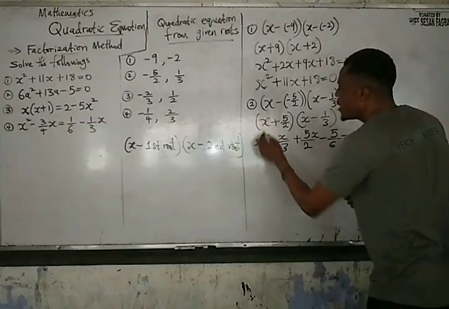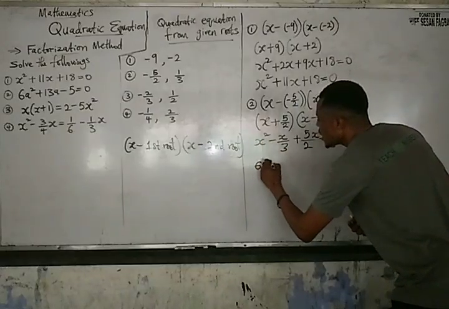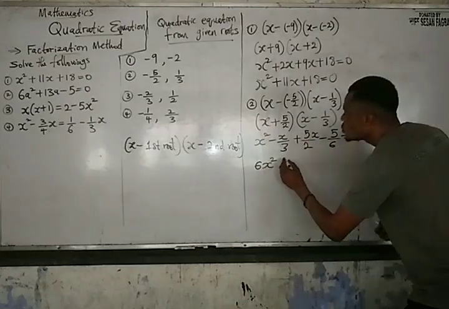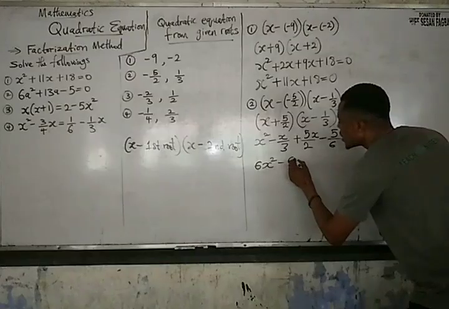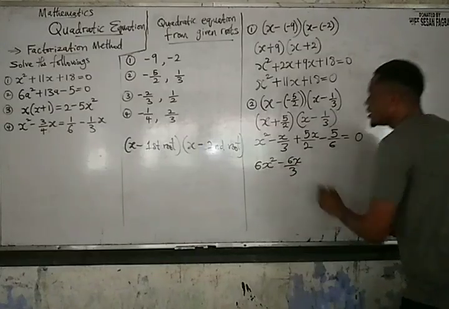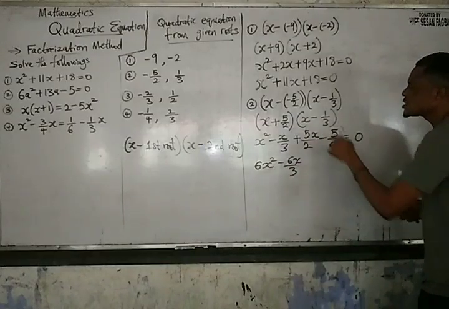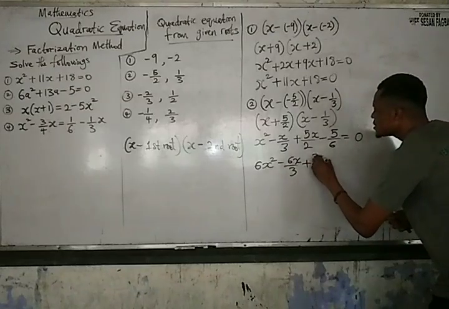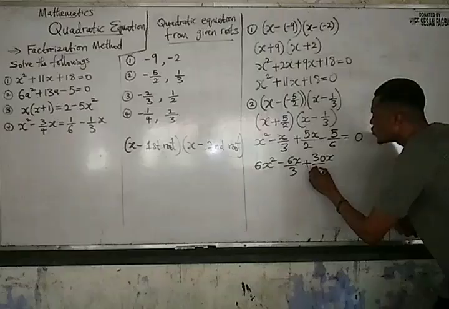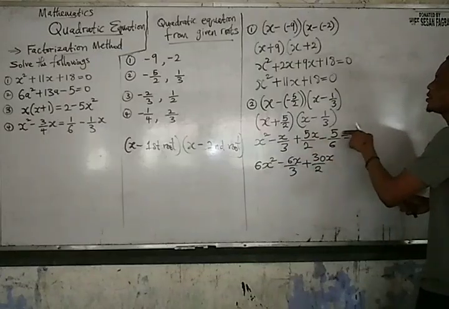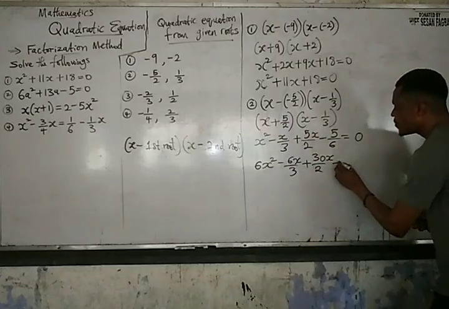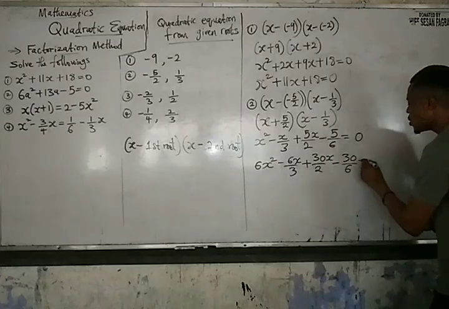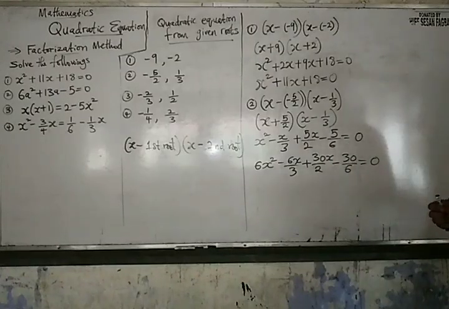So 6 multiplied by x squared, we have 6x squared. 6 multiplied by x is going to be minus 6x, of course, all over 3. Furthermore, 6 multiplied by 5 gives us 30x all over 2. Then 6 multiplied by 5 here again, we have minus 30 all over 6. All to give us 0.